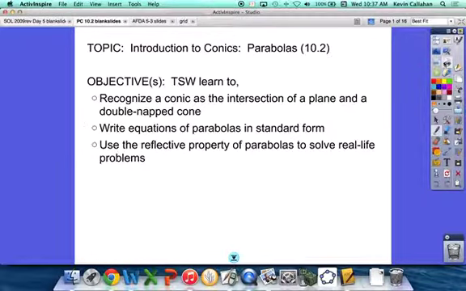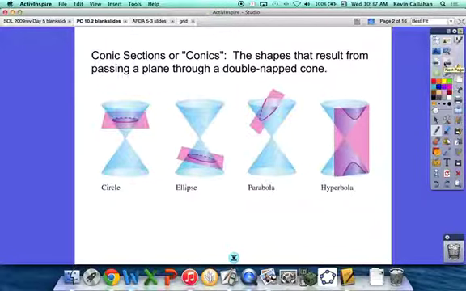So by conic sections, or conics for short, those are the shapes that you would get if you passed a plane, a flat surface, through what's called a double napped cone. You can see this cone is like the ice cream cones where the points touch. If the plane is exactly parallel to the base of the cones, it's a circle.